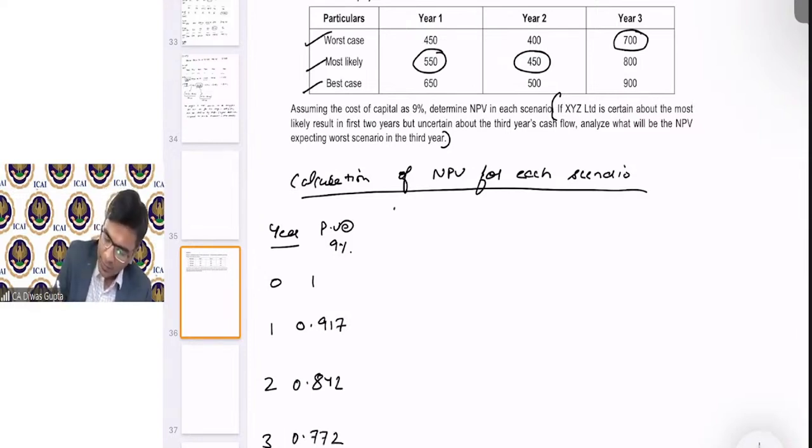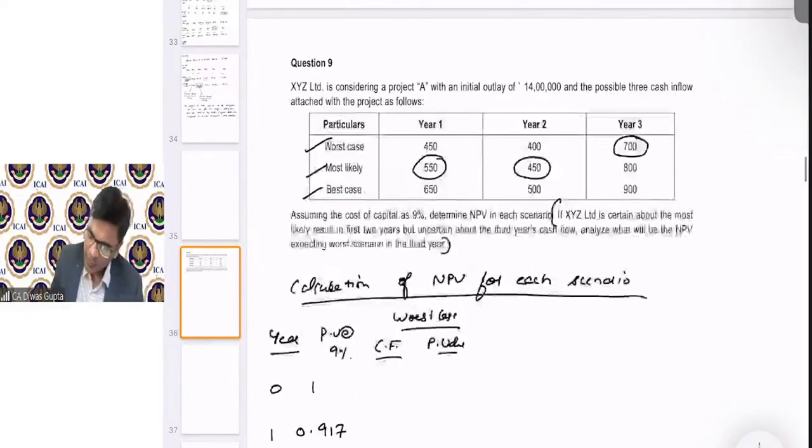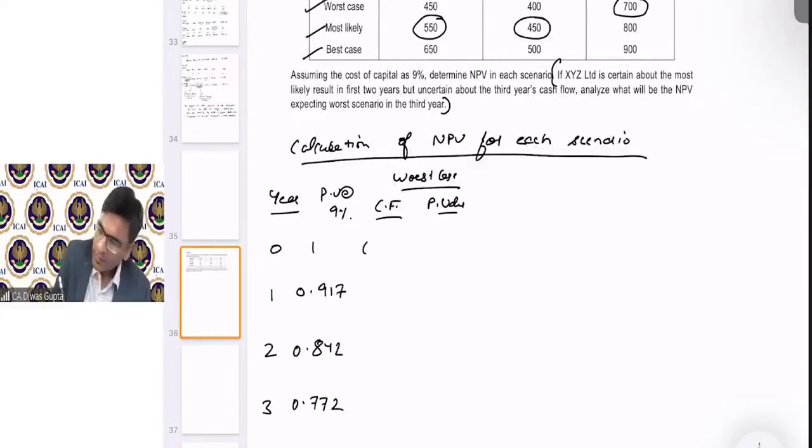Then comes the worst case. Worst case is given first. So the cash flow and present value, right? The cash flow is how much? First year it is 14 lakh negative, right? So we can put the numbers in thousands here. 1400 negative. So the present value will also be 1400 negative.